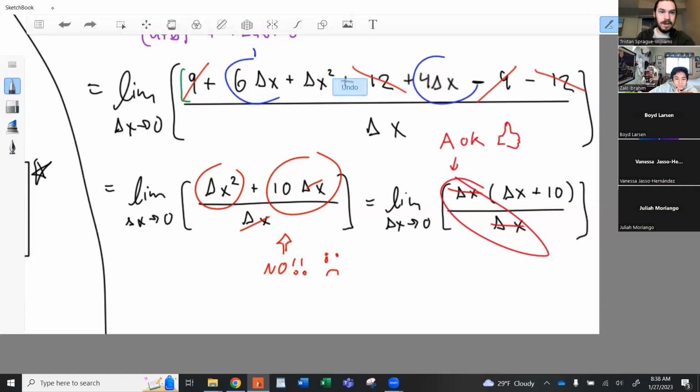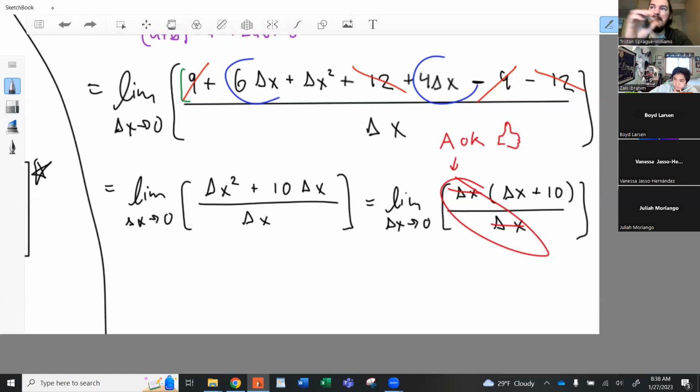So let me back up a little bit to before I did this canceling. There we go. We don't want to do that. Yes, we want to make sure we factor out, because the things that you're canceling from the numerator and denominator of a fraction need to be a factor of the numerator and a factor of the denominator.